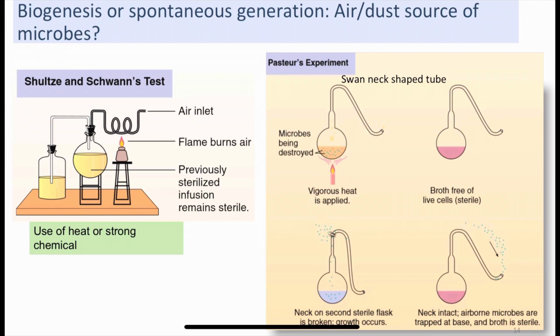We also had the famous Louis Pasteur experiment, where he had a flask with a swan neck, the swan neck experiment, and sterile broth in there. It was heated, and for an extended period of time there was no contamination. However, when the flask was broken and there was access to the broth, there was contamination. All of these things sort of supported the theory of biogenesis.